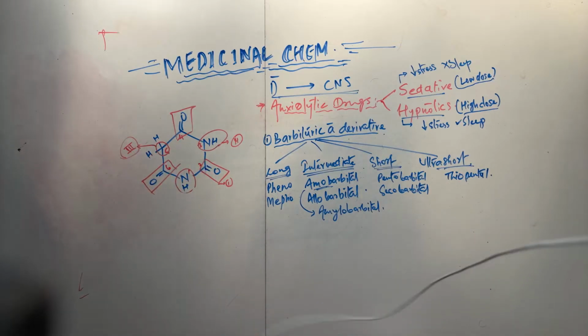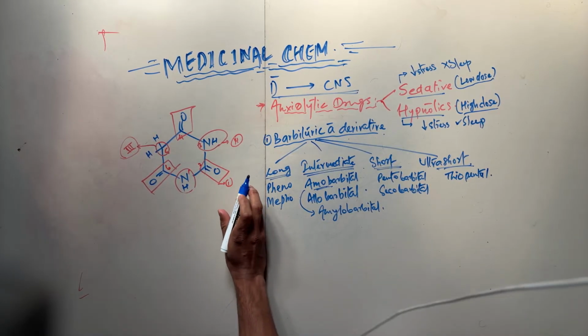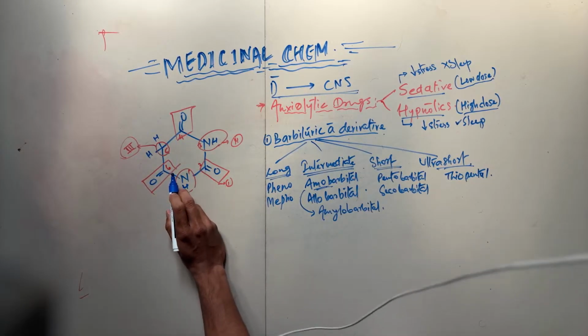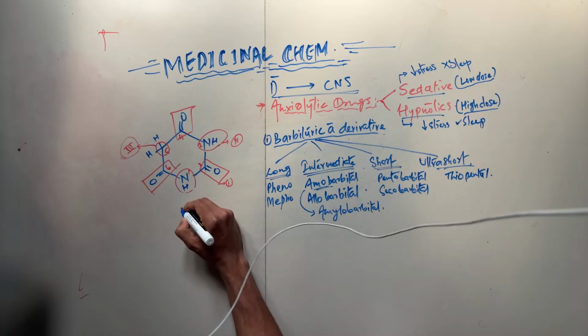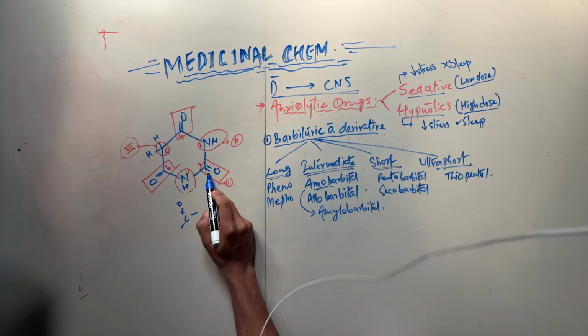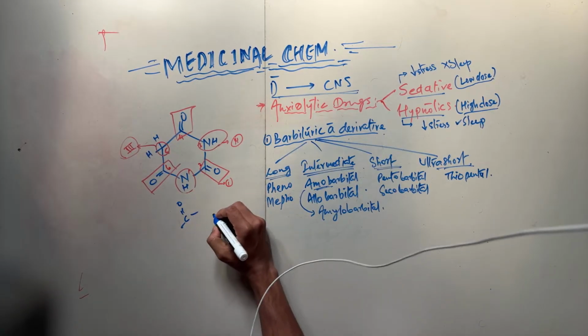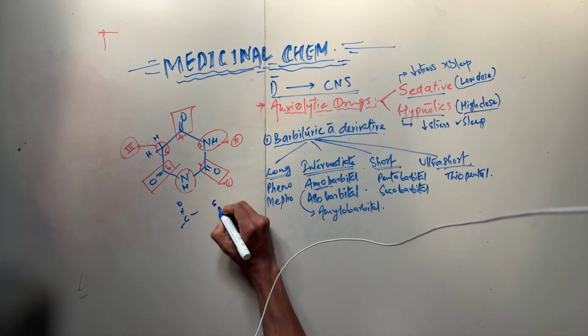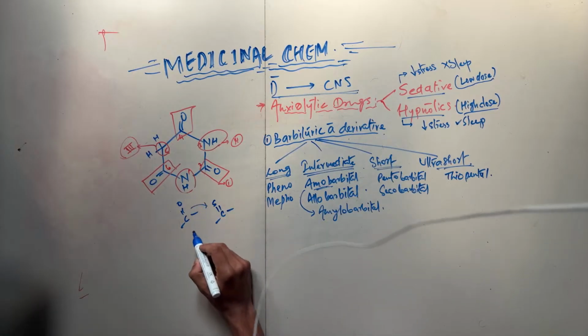So the first one is modification on keto group at 2, 4, 6. So write that: modification at 2, 4 and 6th position. If the carbonyl group, that C double bond O, is replaced with thiocarbonyl group, like this, yes or no?